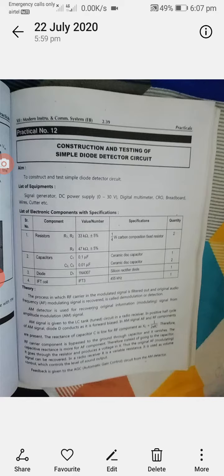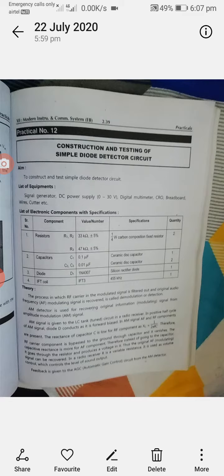The AM detector is used for recovering the original information, meaning the modulating signal, from the amplitude modulation (AM) signal. The AM signal is given to the LC tank, meaning the tuned circuit in the radio receiver.